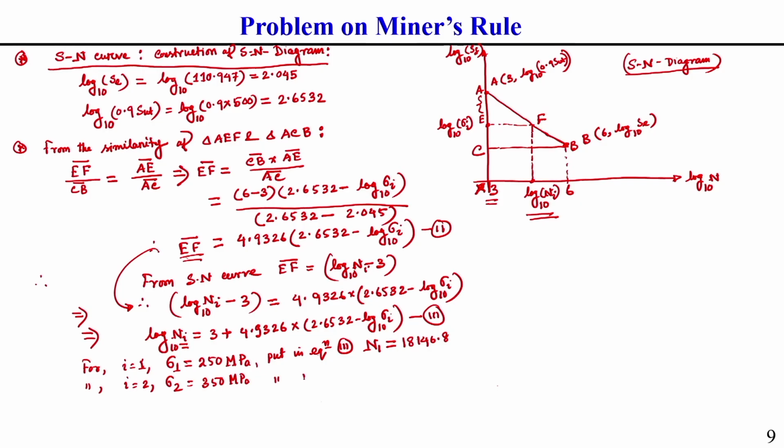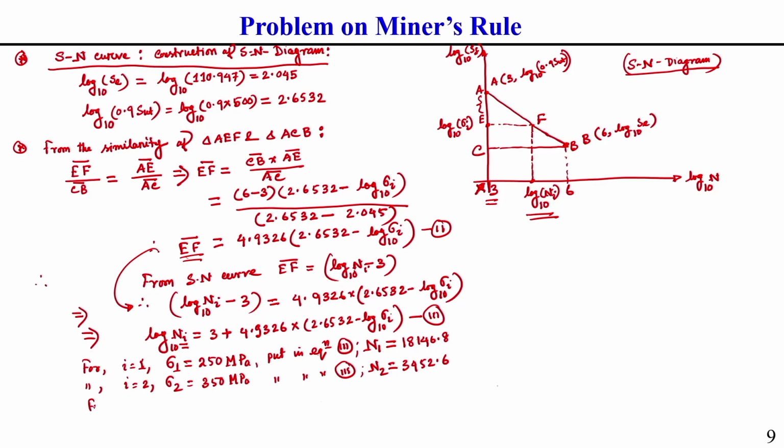Now, for I equal to 2, sigma 2 is given as 350 MPa. Put in equation number 3, N2 we will get equal to 3452.6. Okay.